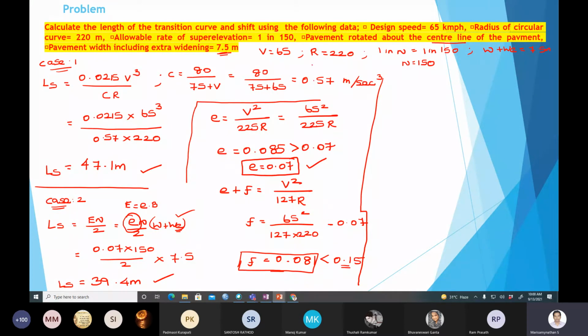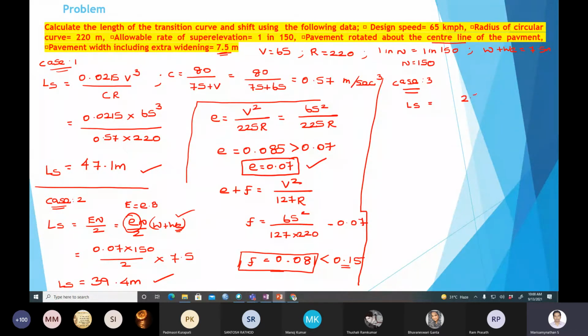Then case 3 is the IRC recommendation. The problem has not given any detail with respect to the terrain type, so we assume it is plain terrain and we can use the IRC equation.